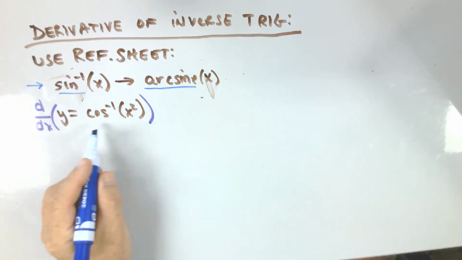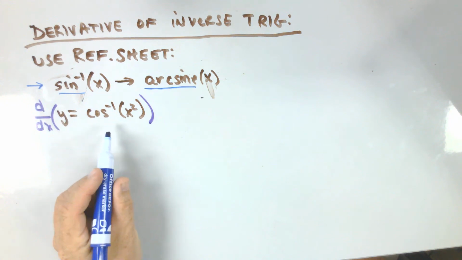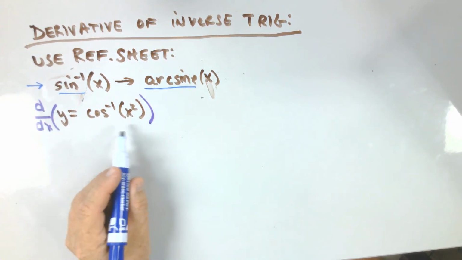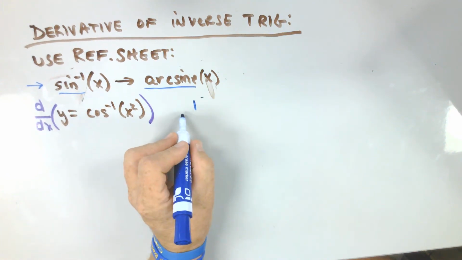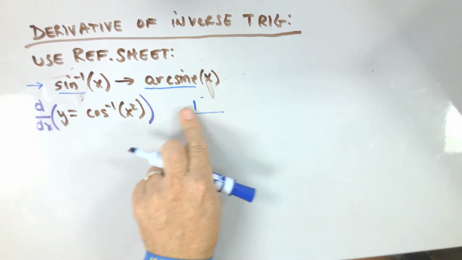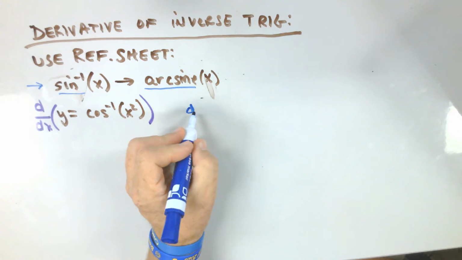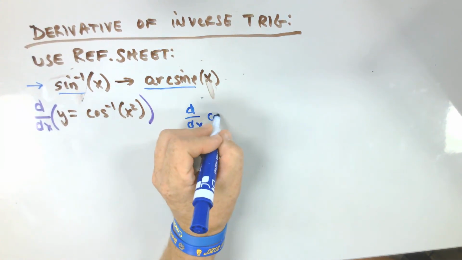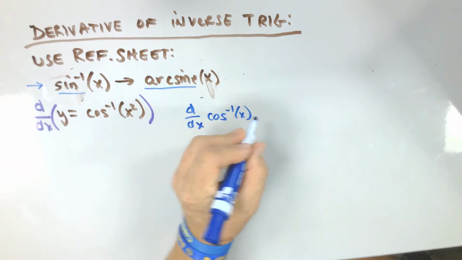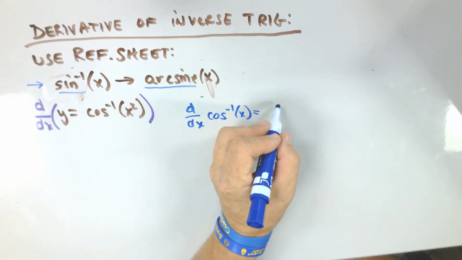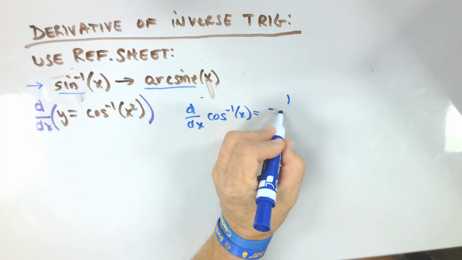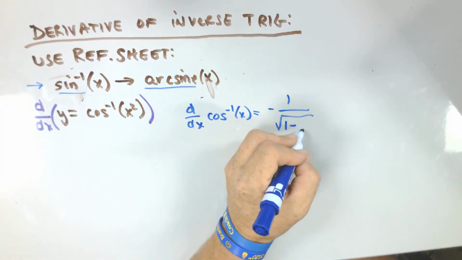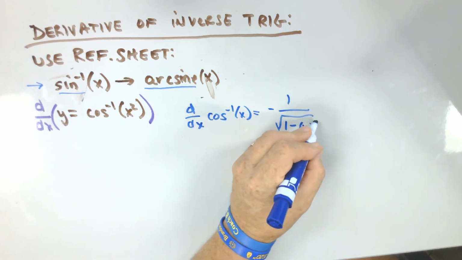So if we're sitting with this here, we also need to know what the formula is. So the actual derivative of arc sine, or inverse sine, is -1 over the square root of 1 minus x squared.